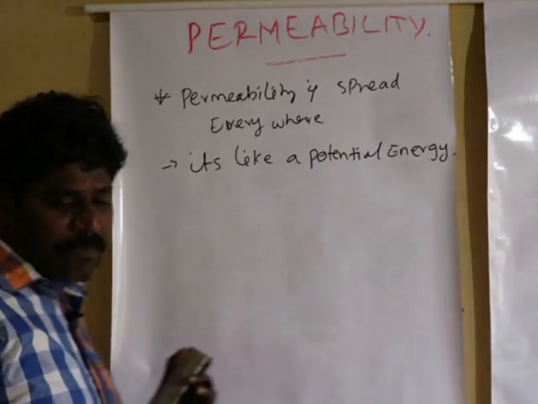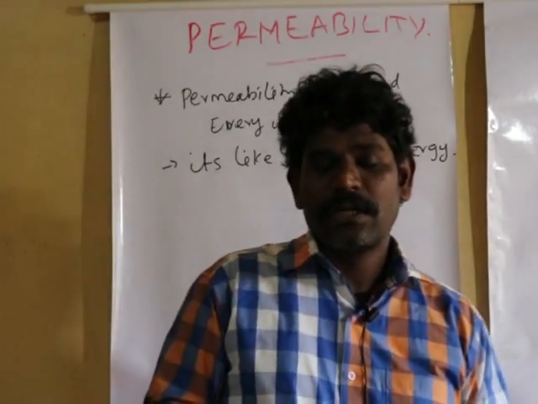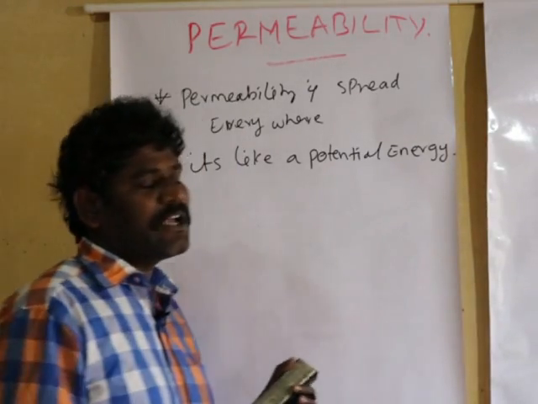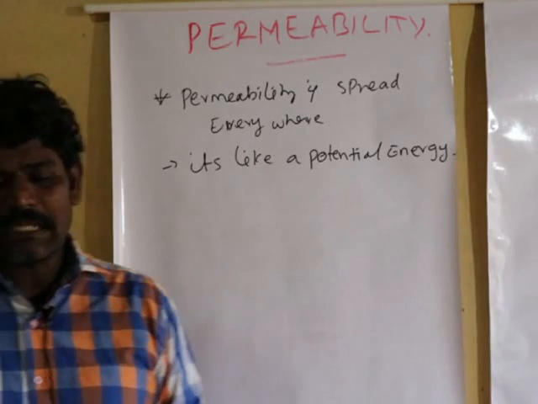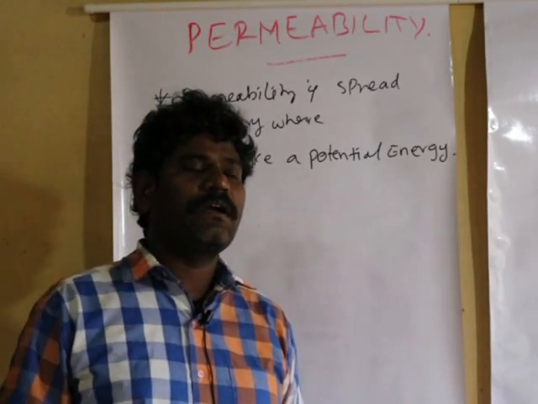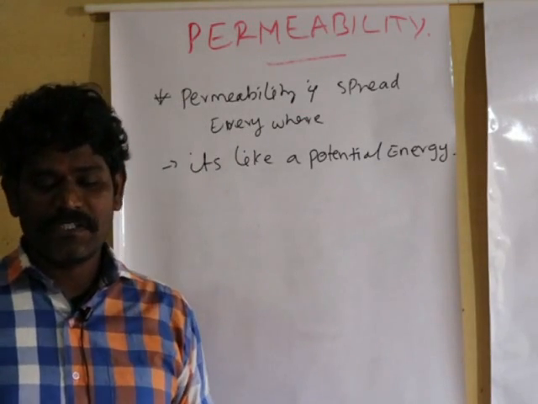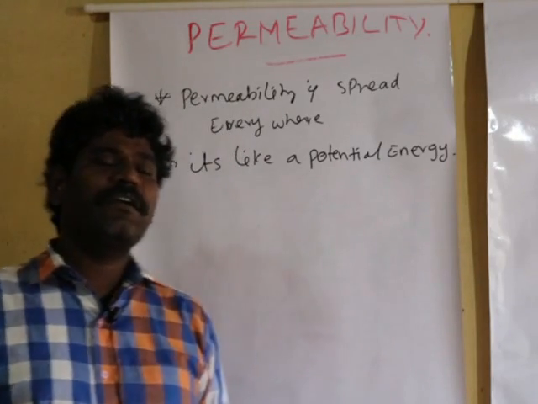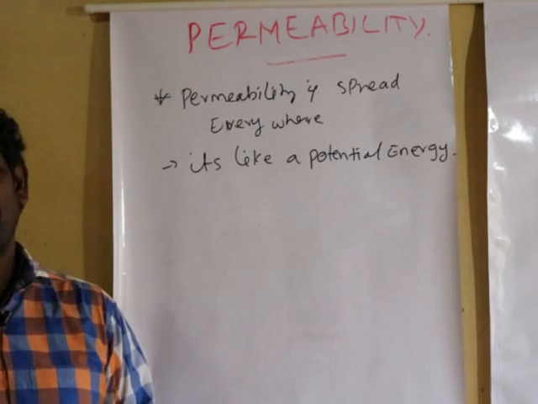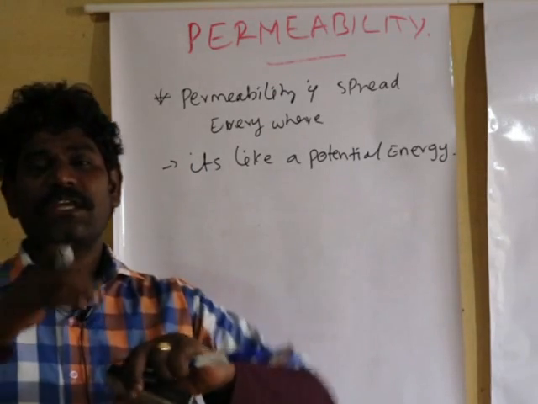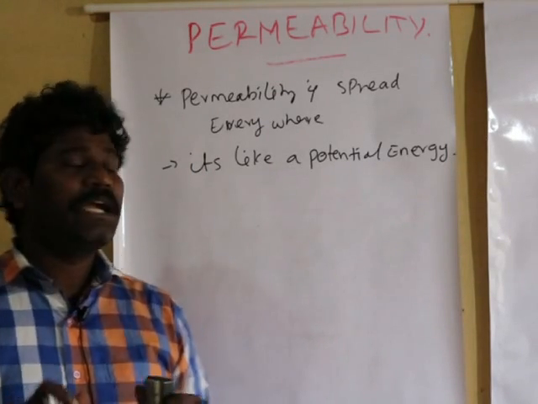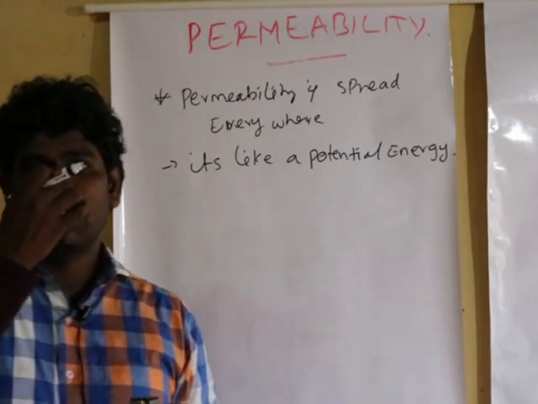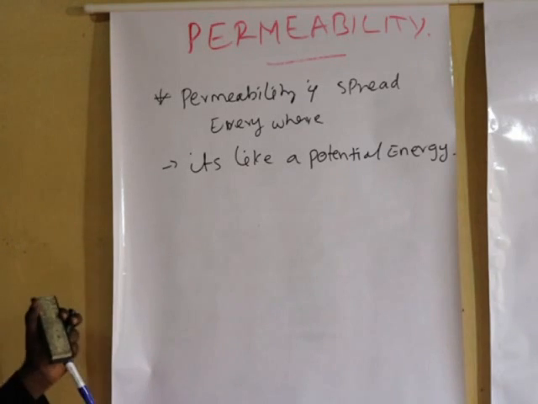So permeability is like a potential energy. It's already been tied up with each other within the systems. Whether you take any system, a galaxy system, a material, a solar system or any kind of system, even a nanoscopic system, atom, subatomic, everywhere the permeability has been bound. It's like the bond between the objects, which are already tied up with each other, and this we call permeability in this case.